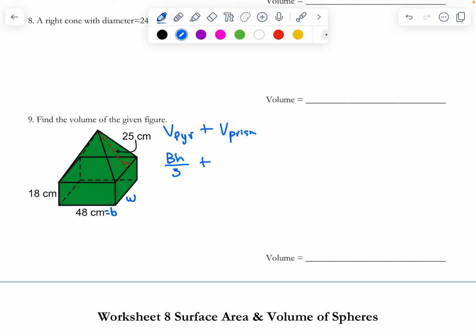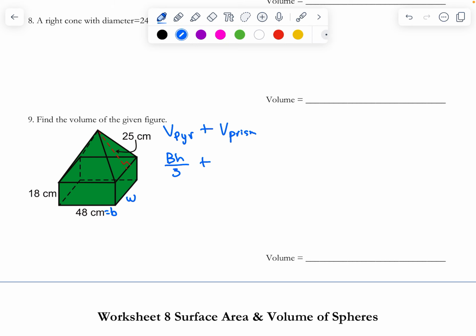However, because it doesn't state anything else, we're just going to assume it's a square. I know that's a little annoying. It's kind of a cop out, but that's just what we're going to say. Actually, we know that this has to be a square because on a rectangular pyramid, these are going to be congruent. And so all of these bases are congruent, and therefore this has to be a square.